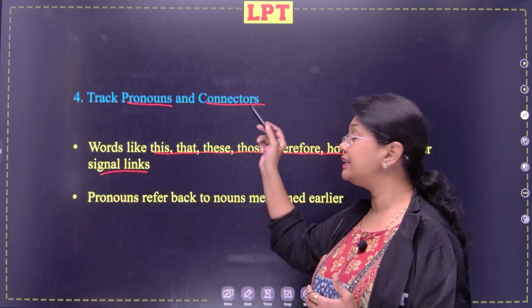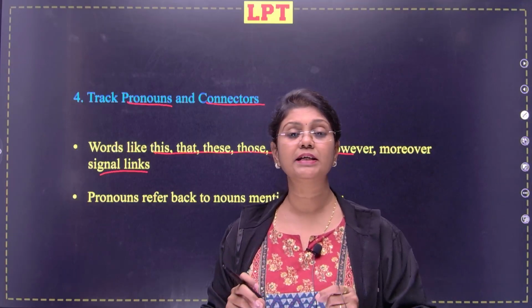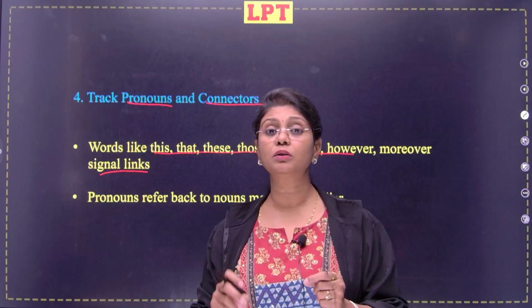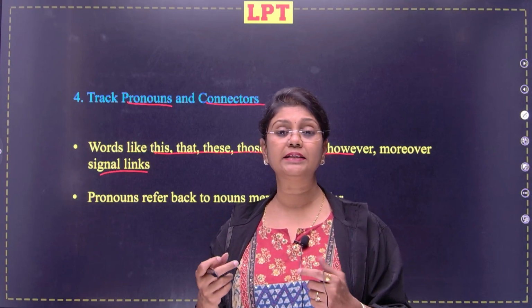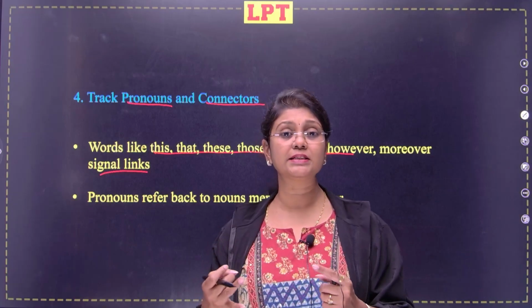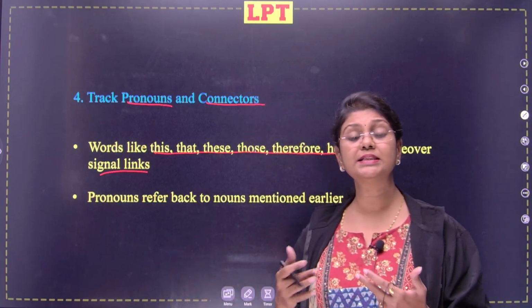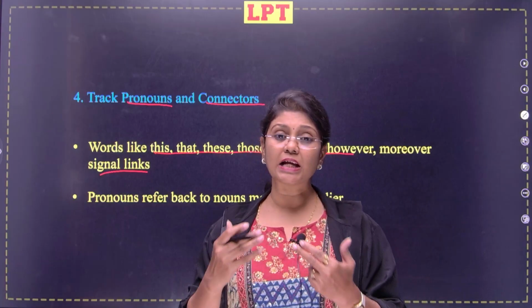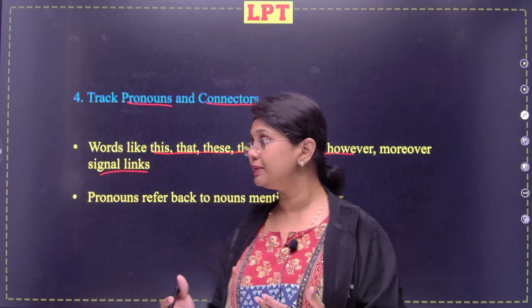So you have these connectors as well, and most of the time they are not the opening sentence of your paragraph. If you have connectors like but, thus, moreover, however, this signals a discussion of an idea in continuity, so it is most likely not going to be your opening sentence.